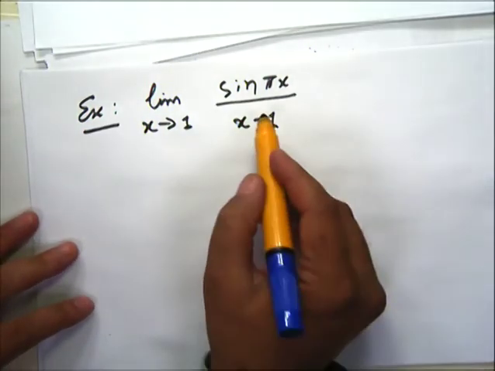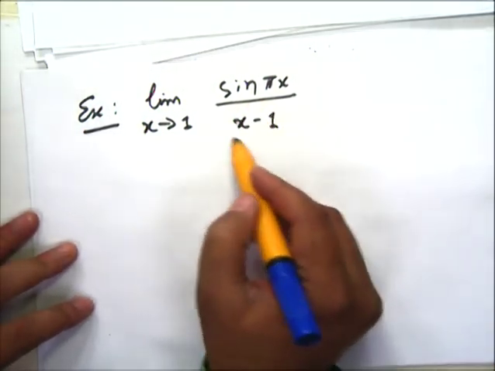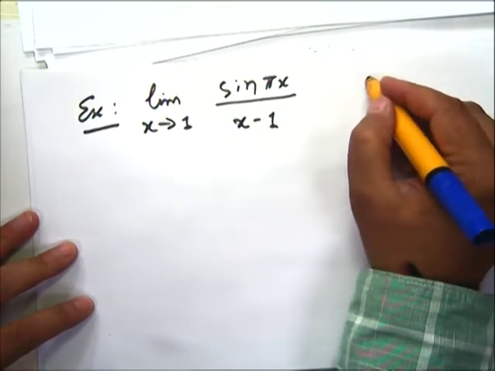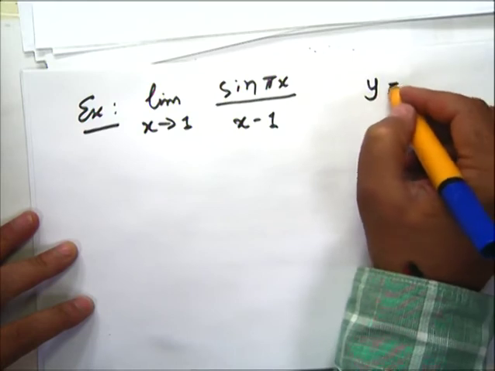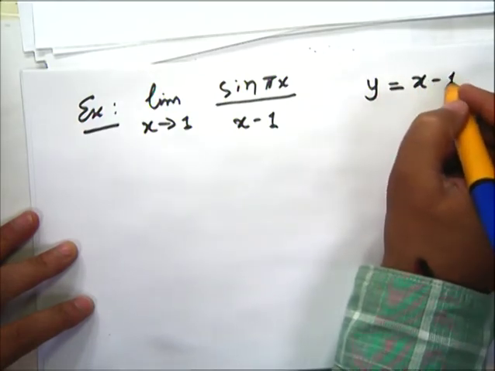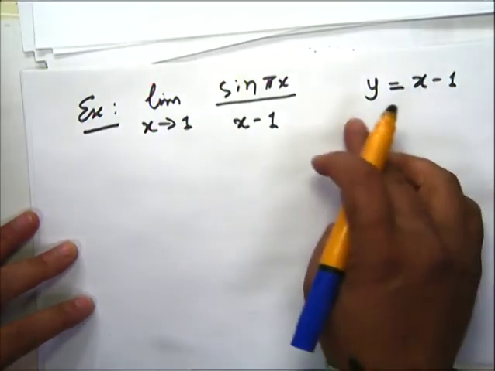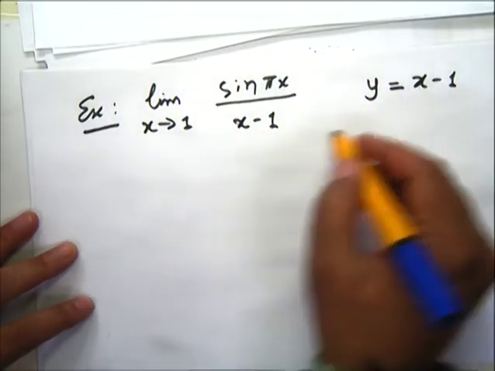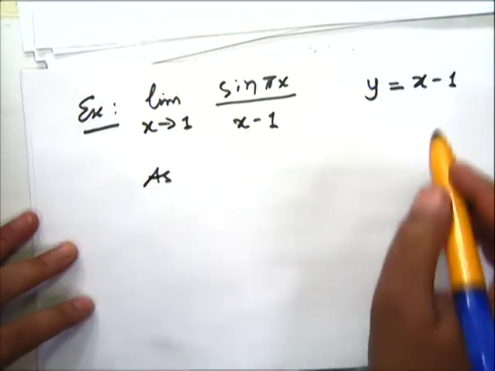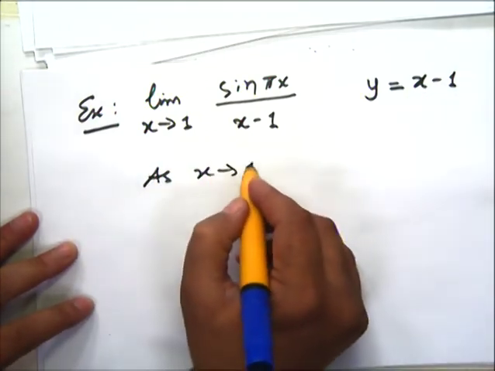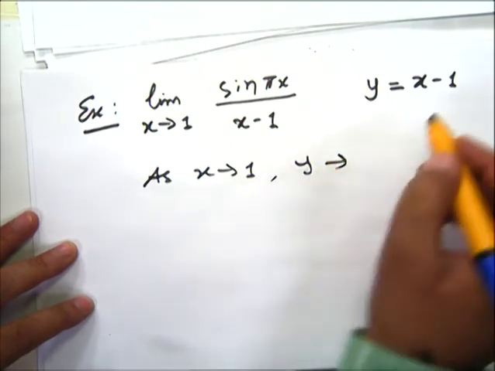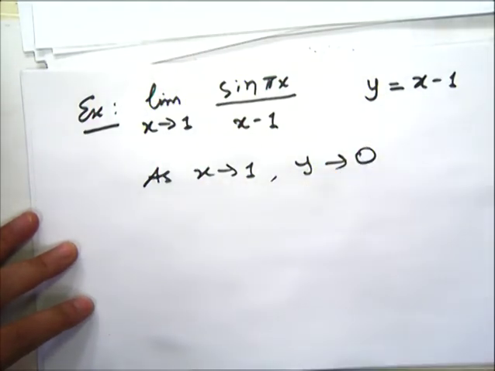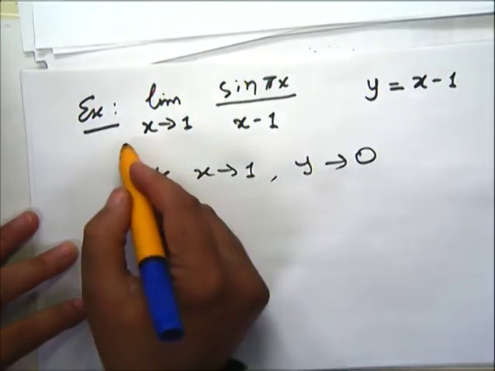So we have to use this value and we will substitute something, and we are using y is equal to x minus 1. So we can say, when x tends to 1, y tends to 0. Okay. So we will replace this example.